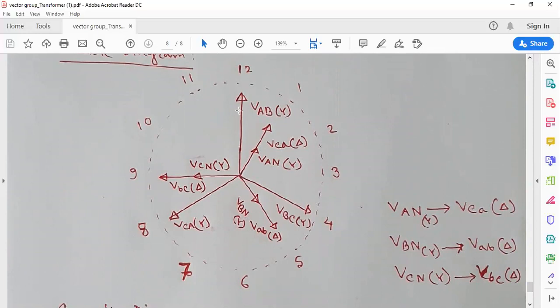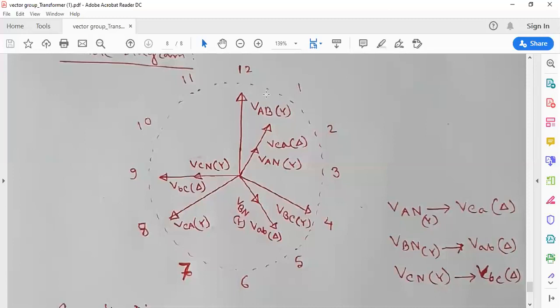This is VAB, Y connected, that is the high voltage side, line to line voltage along 12, along 4, along 8. And VAB of YD5, so VAB, which is delta connected, is along 5. 5 plus 4 equals 9, along 9. 9 plus 4 equals 13.